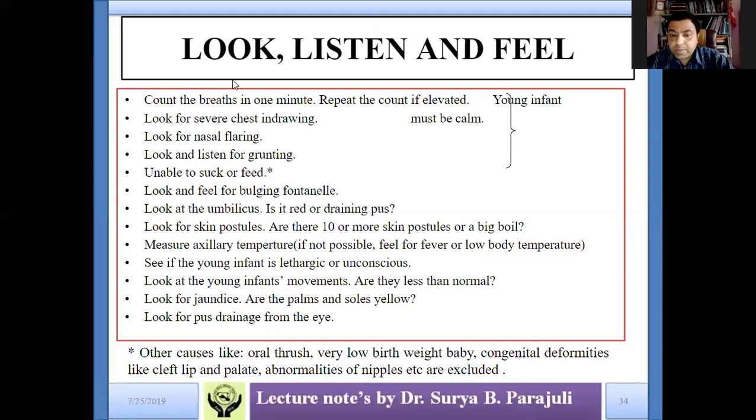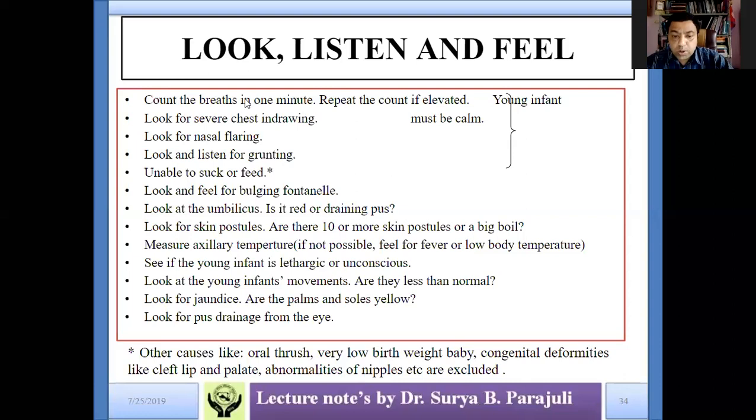If you find elevated breaths or respiratory rate, you need to repeat. But your young infant must be calm, not crying or irritable. Practically, it's difficult, so we try to maintain calmness as much as possible.